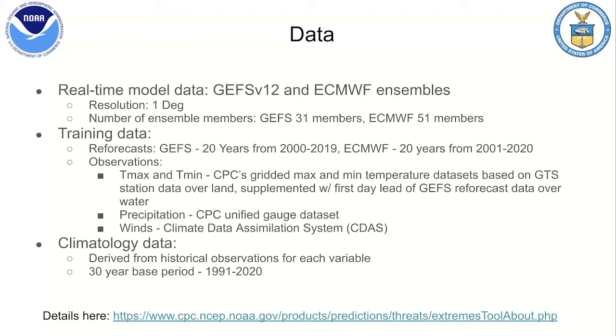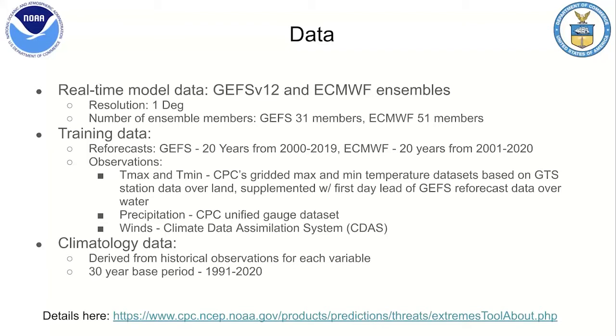Listed here are each of the data sets that we use for each of the variables: max temperature, min temperature, precip, and winds, which I won't go into detail on. These are the various data sets that we used, and we basically pair the observation and forecast in the past to obtain our training stats. Then finally, for the climatology data for each of the variables, we derive it from historical observations, using a 30-year base period, 1991 to 2020.